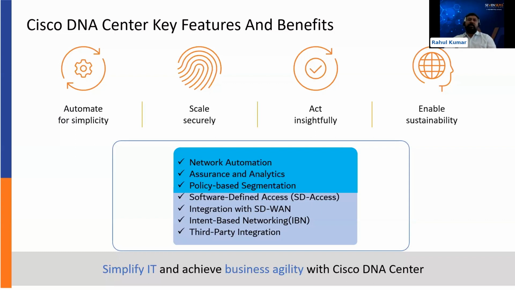By using DNA Center, you will be able to implement intelligent automation using auto discovery, zero touch provisioning, software image management for your network devices, configuration automation, and customizable workflows for your engineers.